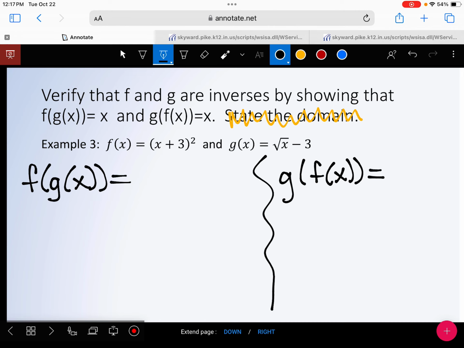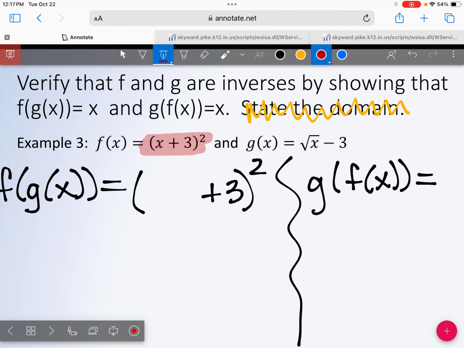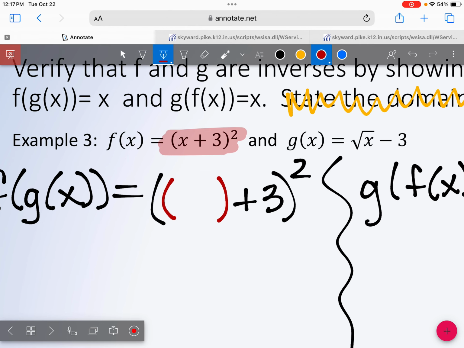So we're going to start off by putting G inside of F. I'm going to write this function right here, and I'm going to put parentheses where there is an X. So I have my first parentheses, and then it's plus 3 squared. Now inside of that, I'll put my G of X in there. So that would be the square root of X minus 3.